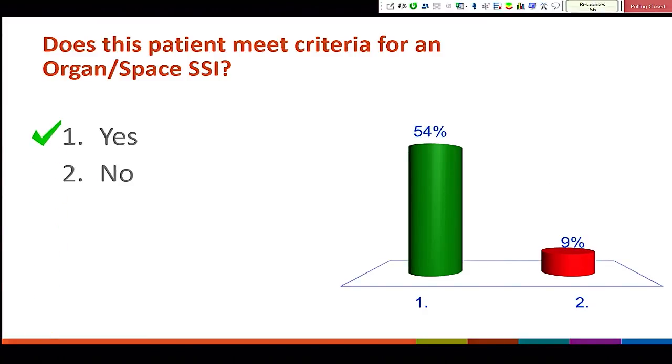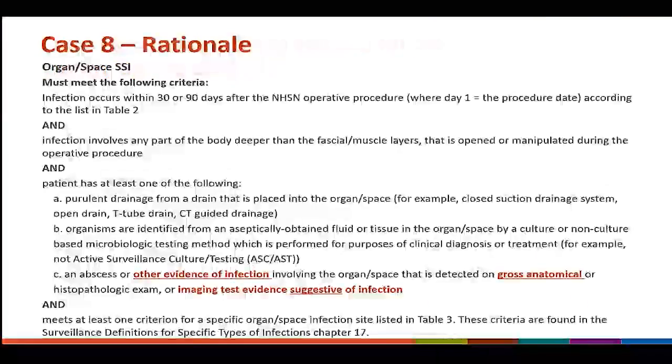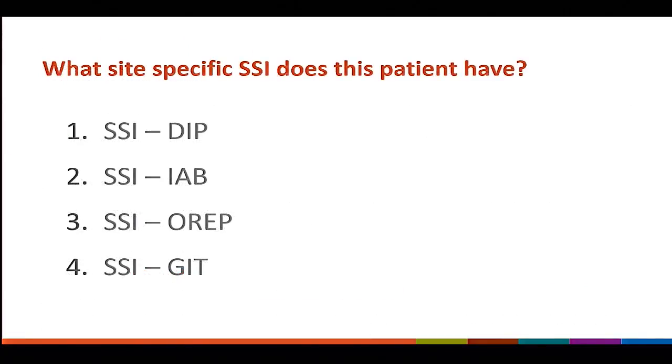And the answer is yes, the patient does meet criteria for an organ space SSI. We know the infection occurred within 30 days of the operative procedure category. It involved the organ space, and there was evidence of infection seen on gross anatomic exam, and we also had imaging test evidence suggestive of infection. This is enough to meet general organ space criteria and move on to see whether site-specific criteria can be met.